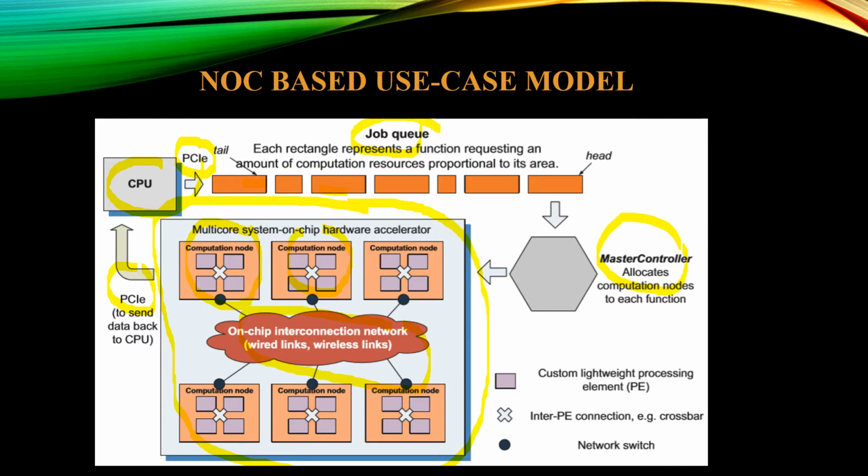Here both wired as well as wireless links are present, which contributes to significant savings in latency and energy. Also, the long-range links reduce the overall network diameter, and they also enhance throughput by reducing the inter-core communication latency.